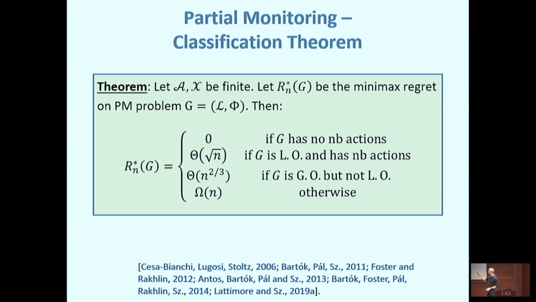And the 4 possibilities are shown here. And you can describe this in a very nice geometric fashion. Somehow this game structure gives you some nice geometry on the simplex. And based on that, you can describe which category a game falls into.